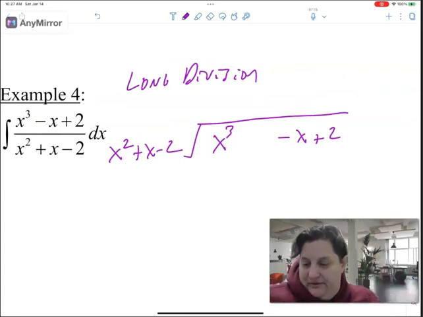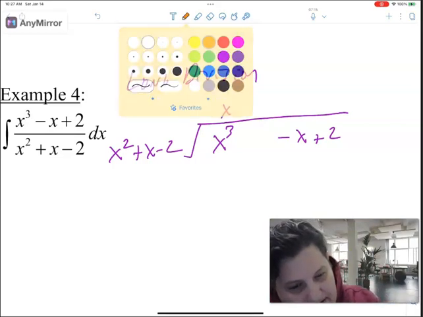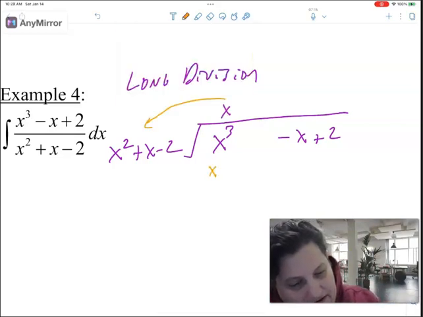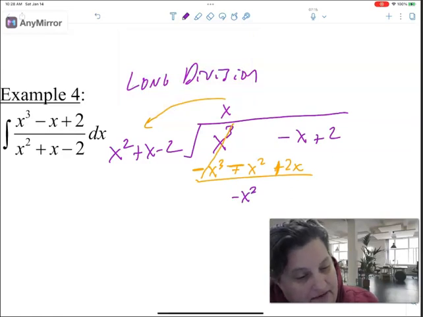Okay, so the first thing I'm going to do is x. Now when I multiply that down, I get x to the third plus x squared minus 2x. I change the signs, minus minus plus. Okay, and I get negative x squared, and negative x plus 2x is plus x plus 2.